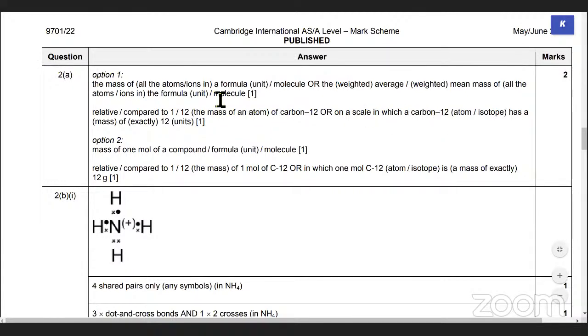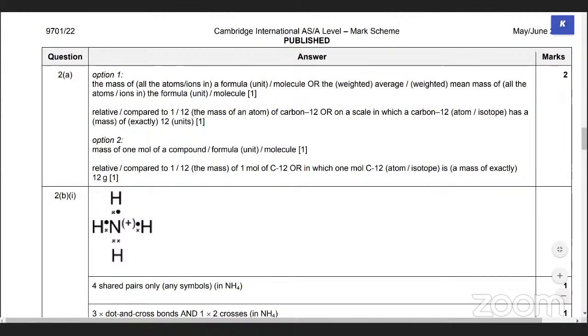Over here they've written that it's the mass of the formula unit or molecule. Let me write this one. It's the mass of the molecule compared to 1/12 the mass of carbon 12. Okay, that should do it.